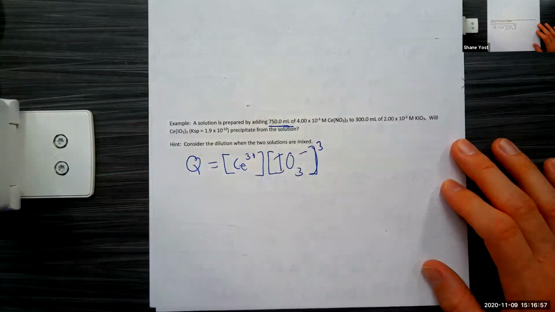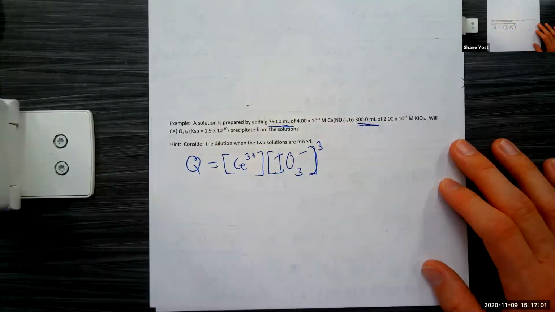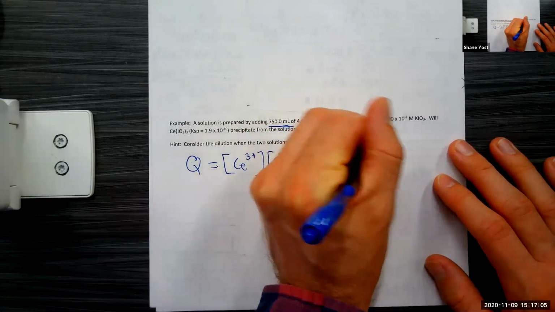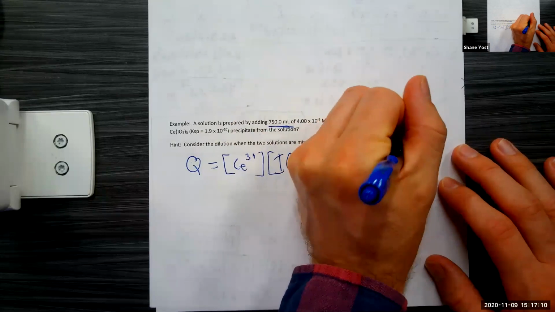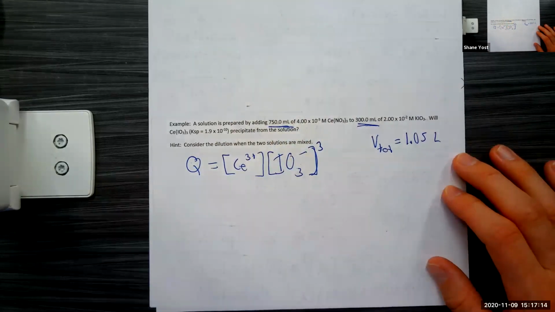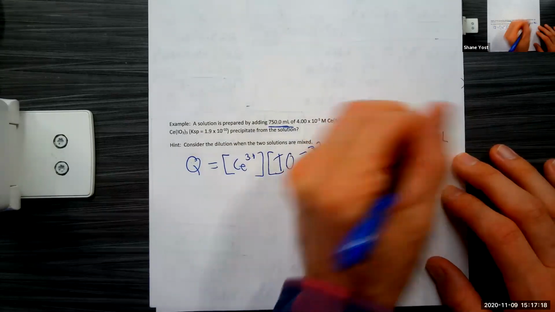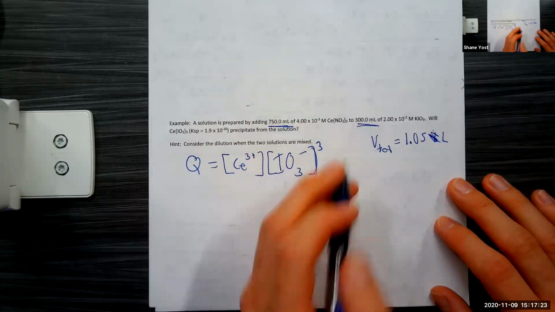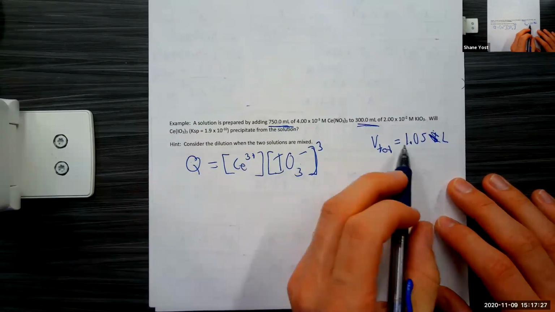I'm adding a 750 milliliter solution together with a 300 milliliter solution. So my total volume is going to be 1.05 liters. 750 milliliters plus 300 milliliters gives us 1,050 milliliters, or 1.05 liters.